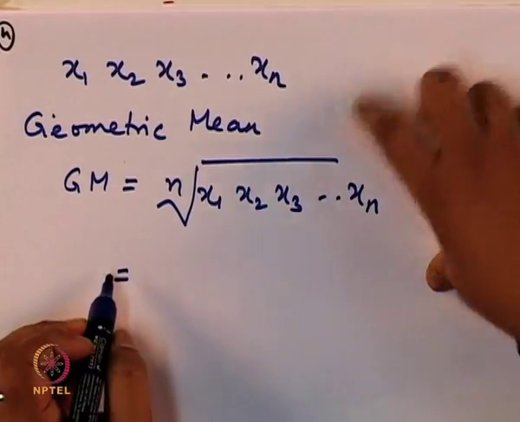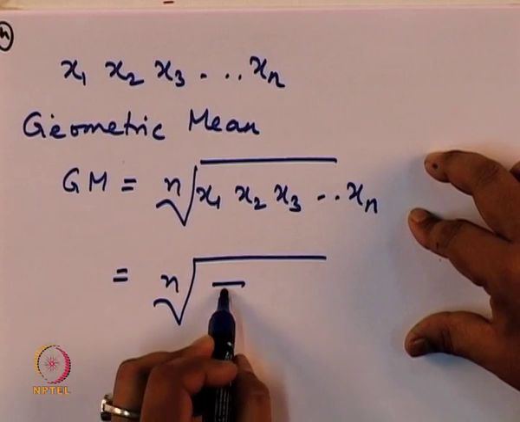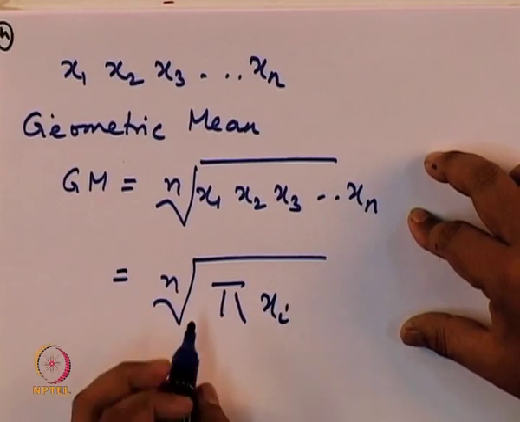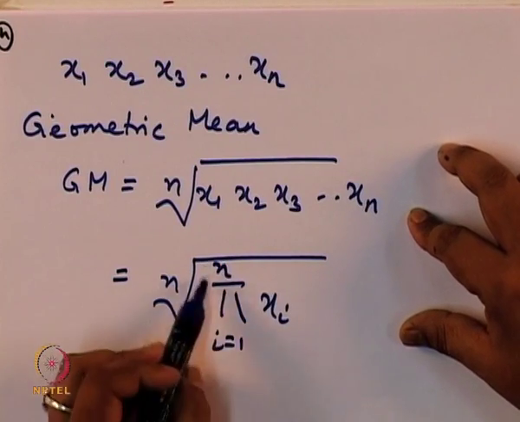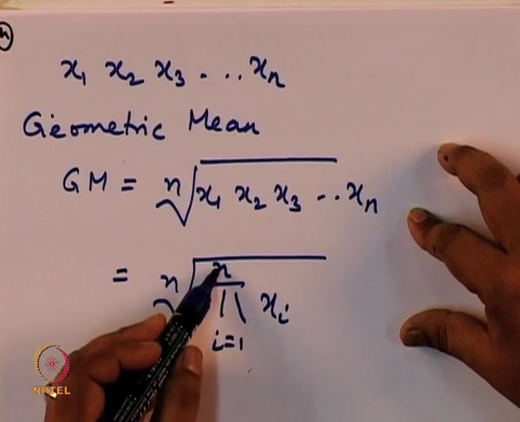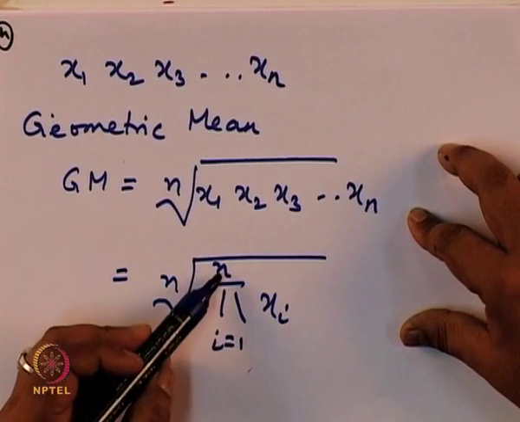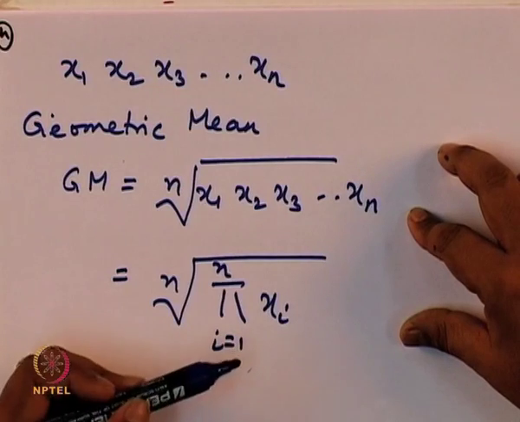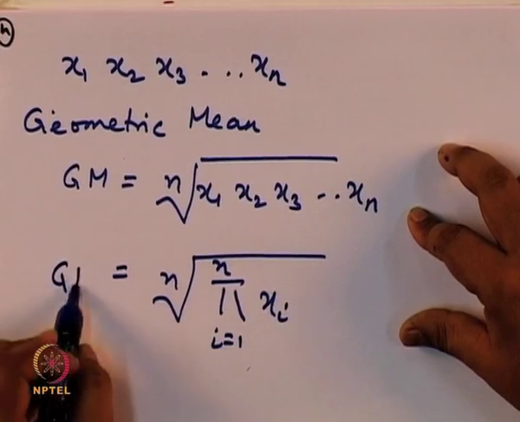The way to write it in short mathematically is to write nth root and you put this thing called pi, okay, pi of xi, with i equal to 1 to n. So, this means product. Okay. If n is equal to 1, then it will simply be x1. If n is 5, then you have x1, x2, x3, x4, x5, so on and so forth. Okay. So, this is a simple representation of geometric mean.